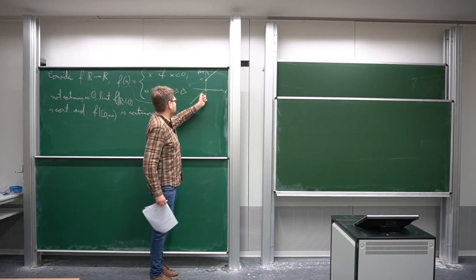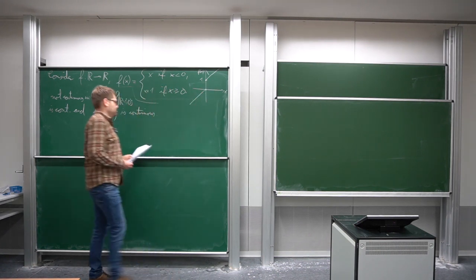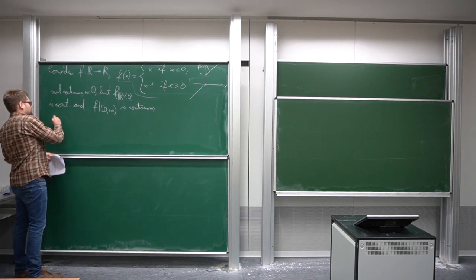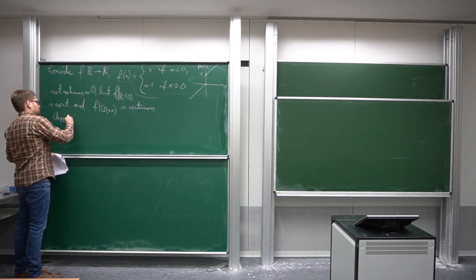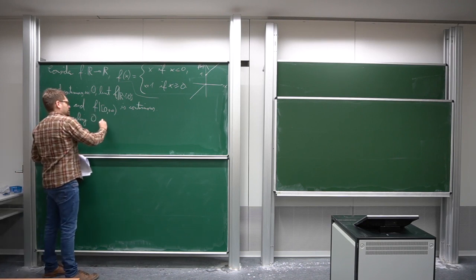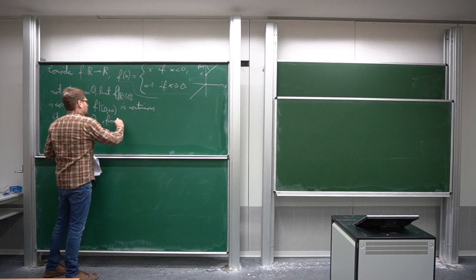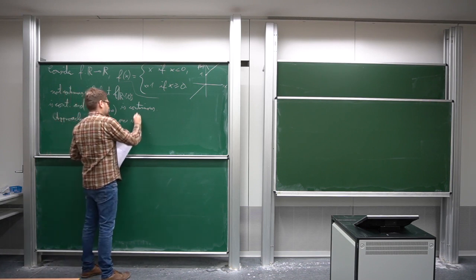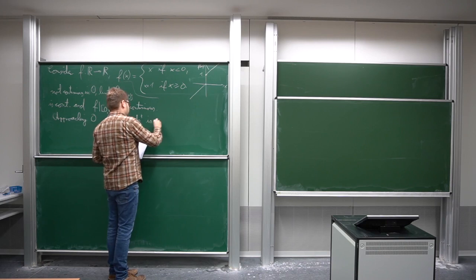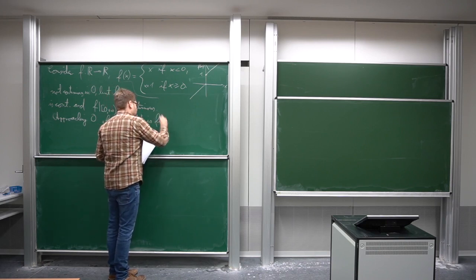So if we approach this from the different sides, this would have limits. So in general, approaching 0 from one side, and I will make this precise in a bit, is fine.